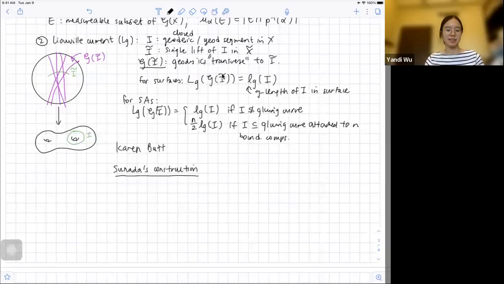Yeah, if you're curious about what Michelle is talking about, there's a Sunada construction. He shows that there are a lot of examples of hyperbolic surfaces where the unmarked length spectrum, just a list of numbers, is not enough to determine the metric.